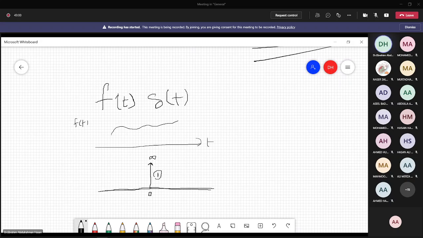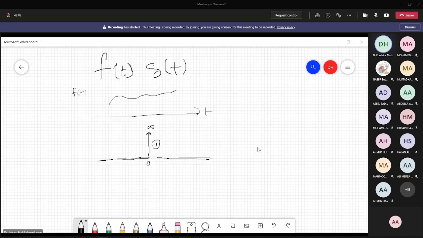Is it difficult? Okay, if so, let me do this. If I multiply it by this one, what do we get?